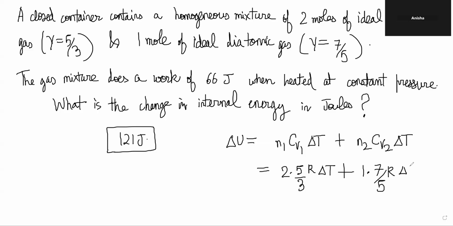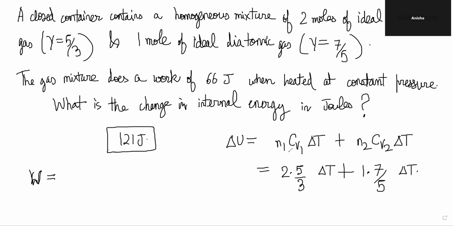And since delta T is the same here, we can equate delta U by N1CV1 plus N2CV2, and that is equal to 66 by N1 plus N2 into R.